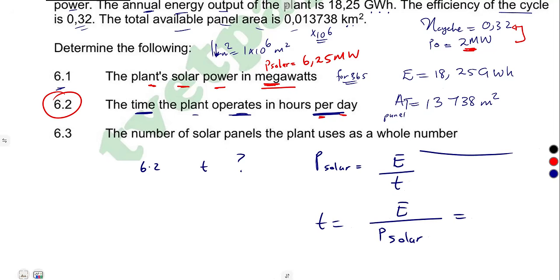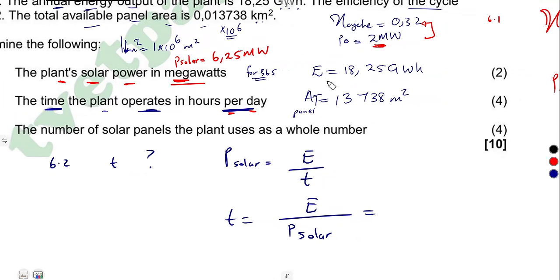This E is taken for 365 days. Our E is taken for 365 days. So to have our time per day, let's adjust our formula and divide here by the number of days.